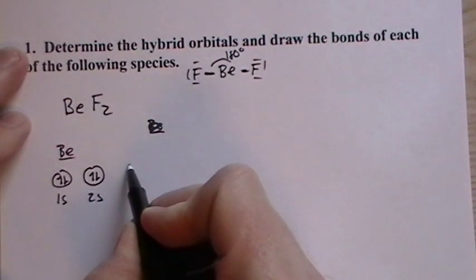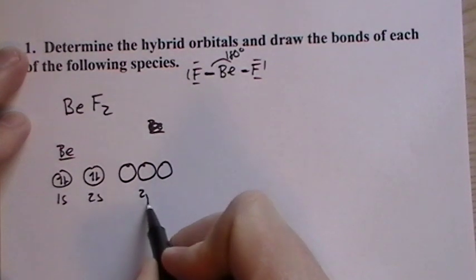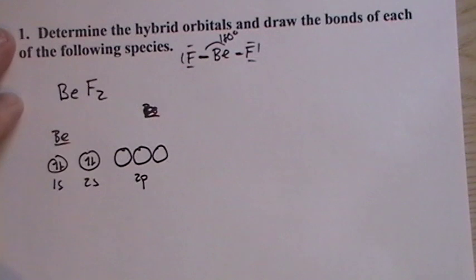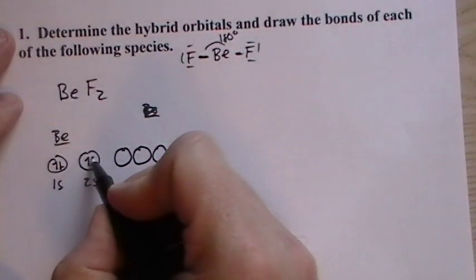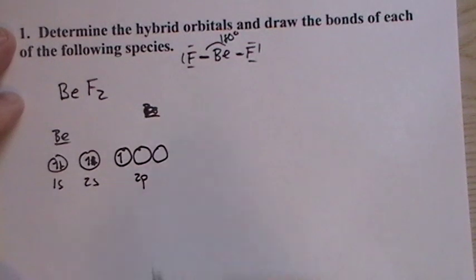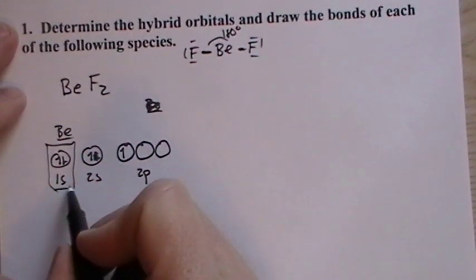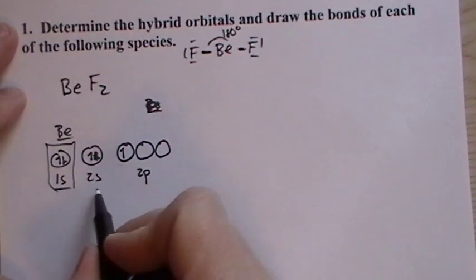So what we end up doing, Linus Pauling was the one who came up with this idea, showed that if we elevate an electron from the 2s into one of the empty 2p orbitals, now we have two half-filled orbitals. These are core electrons, and I won't draw these again. These aren't involved in bonding.